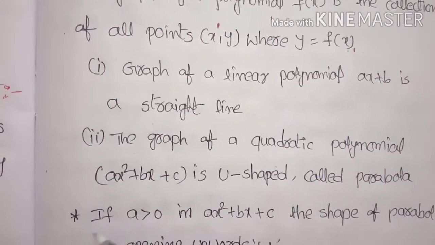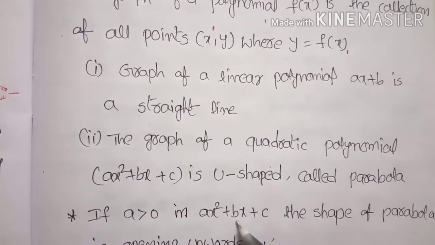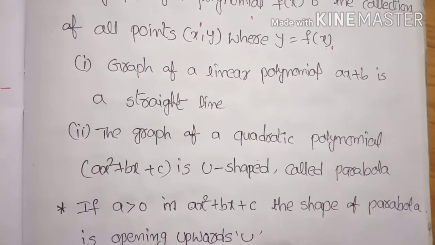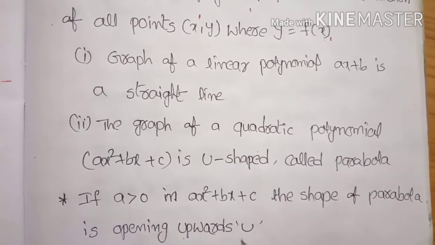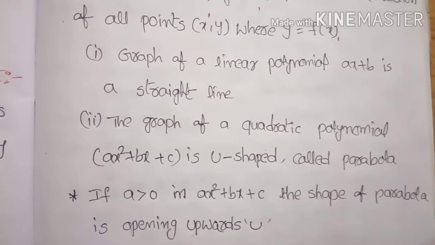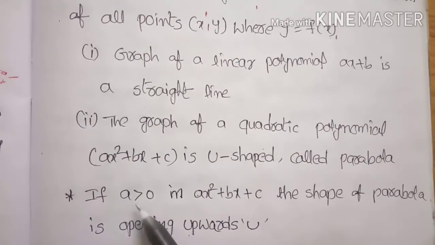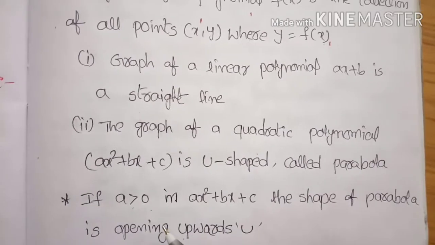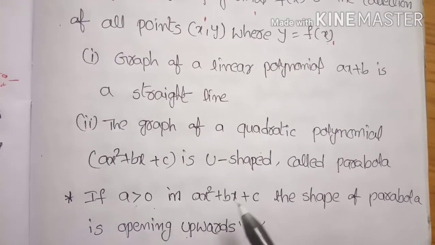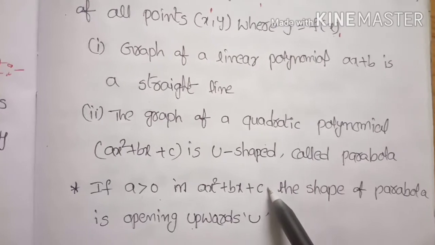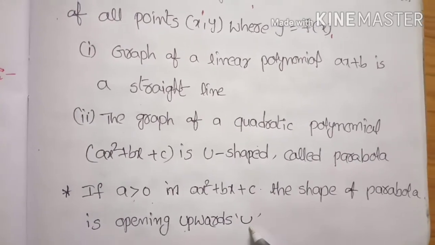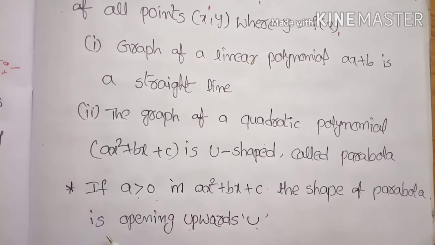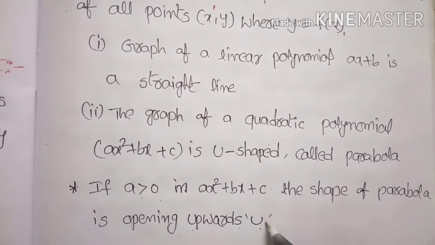If a is greater than 0 in ax square plus bx plus c, the shape of the parabola is opening upwards, U. So if a is greater than 0, what is the shape of the quadratic ax square plus bx plus c? That is the U shape upwards.